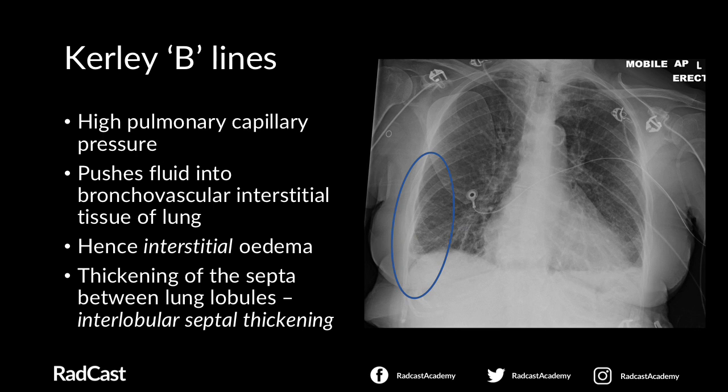On this chest X-ray, I've marked it out with the blue oval, which is on the right-hand side. They're definitely seen more prominently here as these whisker-like projections which extend medially from the lateral chest wall. You can also see some faint Kerley B lines on the left base as well, but these are a little harder to spot.